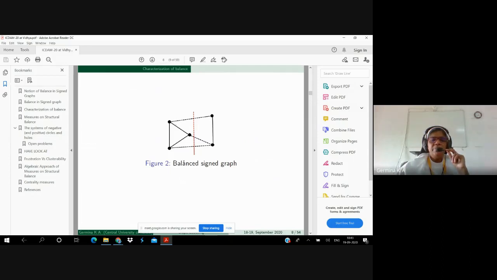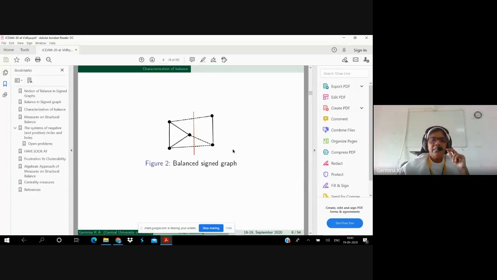So this is a simple example of a balanced network. I consider this triangle of vertices as one part and this as the second part. So I have divided the vertices into two partition sets. This part contains 3 vertices and this part contains 2 vertices. All the edges between these 3 vertices are positive, the edge between the 2 vertices is positive, and the interconnecting edges are all negative.